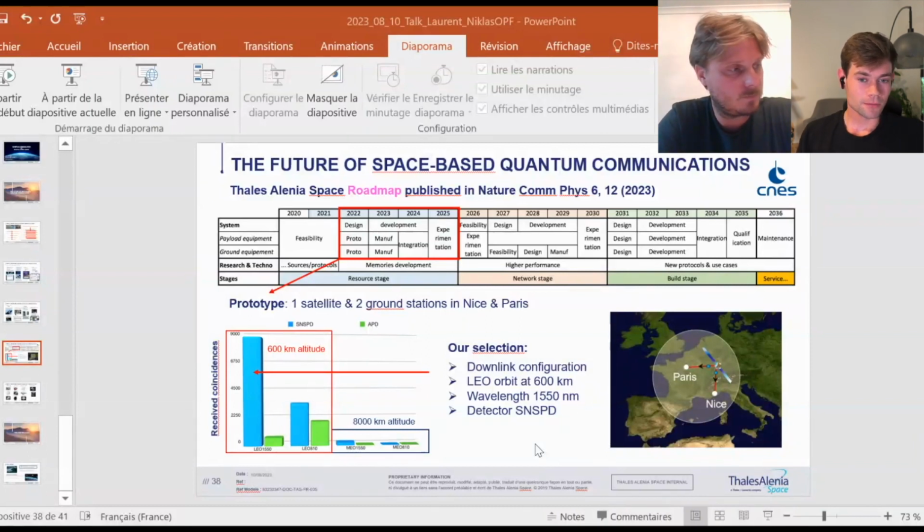So it seems to me that you're implying that in a downlink configuration, you need to put a lot fewer components actually inside of the satellite. Is that true? Yes, it's true. In this configuration, what composes the payload is mostly the entangled photon source and two telescopes on board.